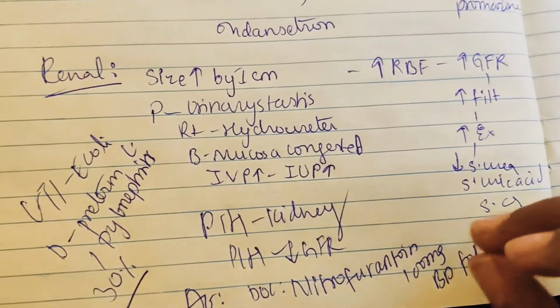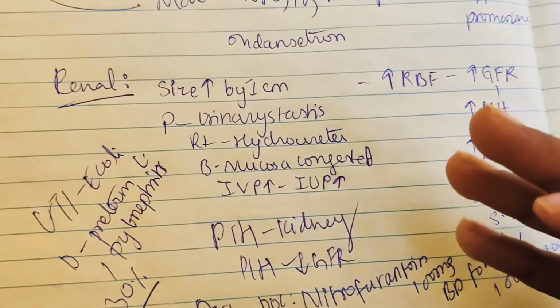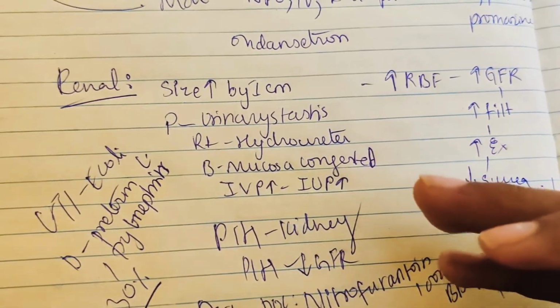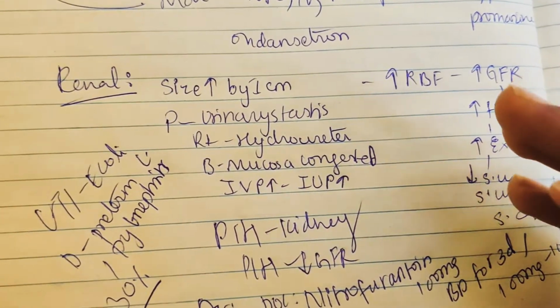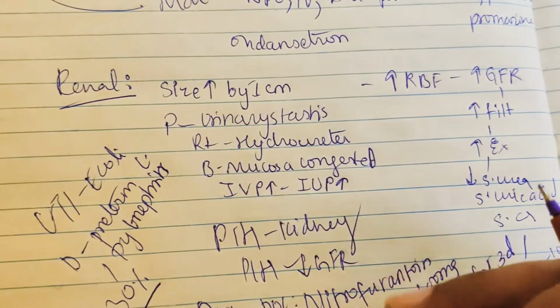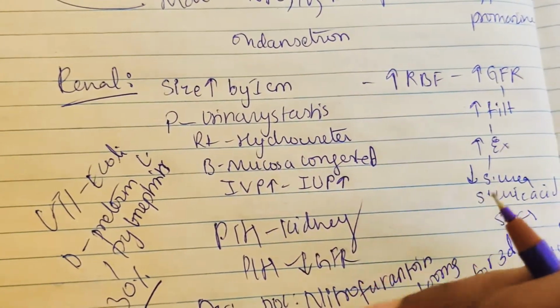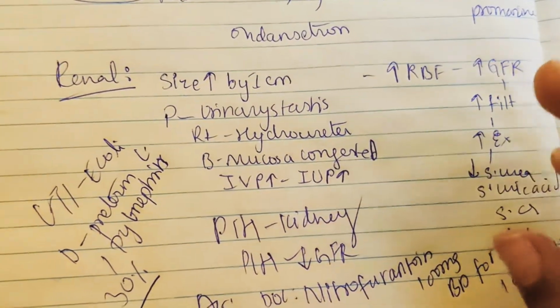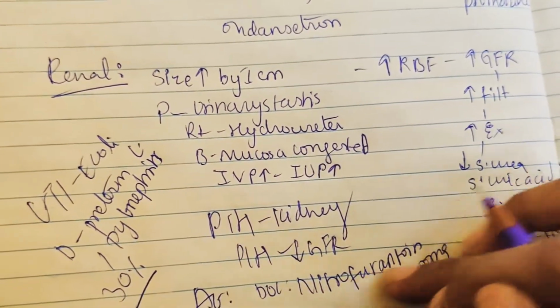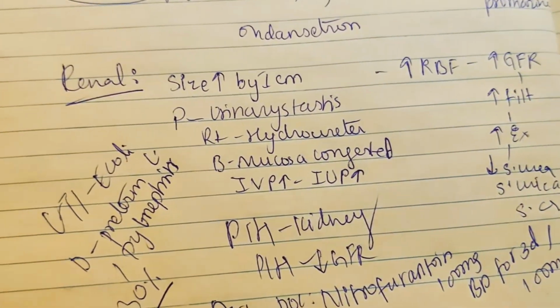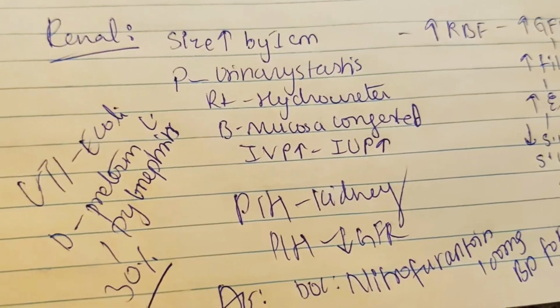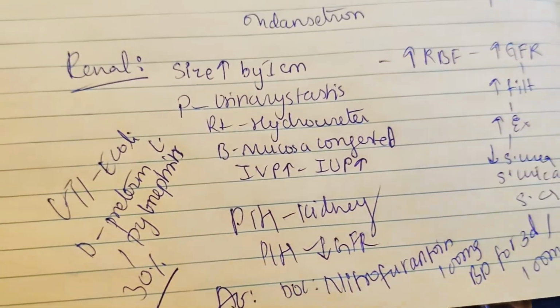Okay, so this is the drug of choice. For recurrent cases, nitrofurantoin only, 100 milligrams at bedtime but for 21 days. Also you can use ampicillin, amoxicillin, cephalosporins, levofloxacin, ciprofloxacin, but the main drug of choice is nitrofurantoin.